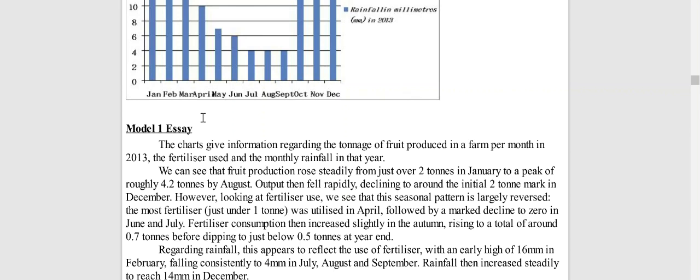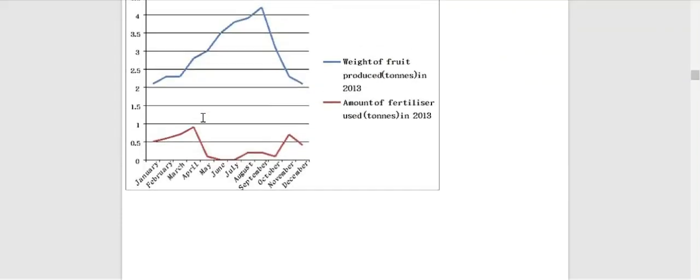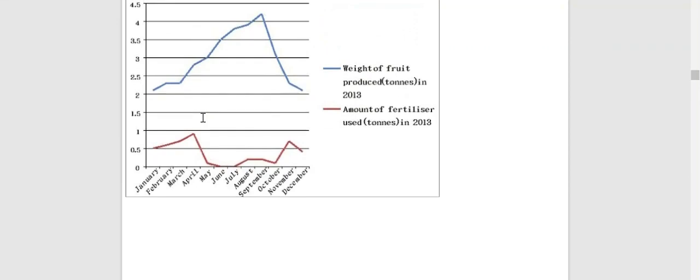The most fertilizer, just under 1 ton, was utilized in April, followed by a marked decline to 0 in June and July. Fertilizer consumption then increased slightly in the autumn, rising to a total of around 0.7 tons before dipping to just below 0.5 tons at year end.